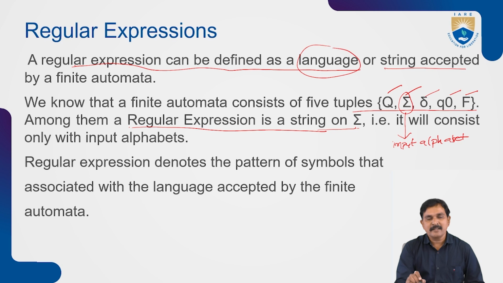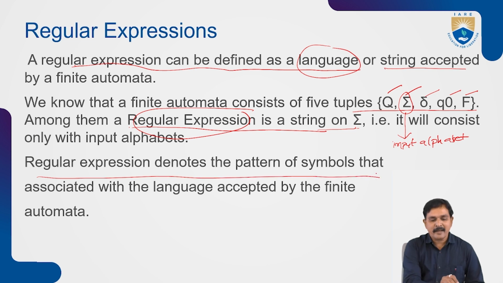Only a few of the strings generated from the alphabet sigma are accepted by the finite automata. Those strings are called valid strings.